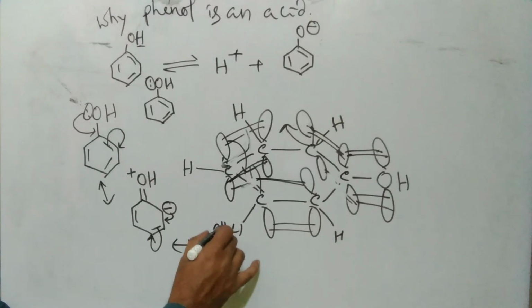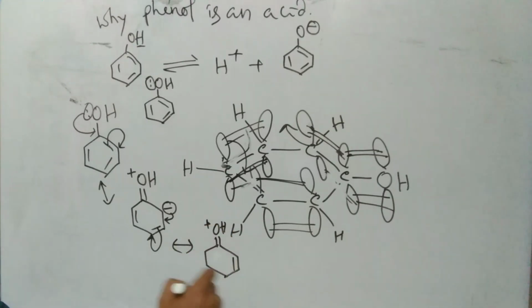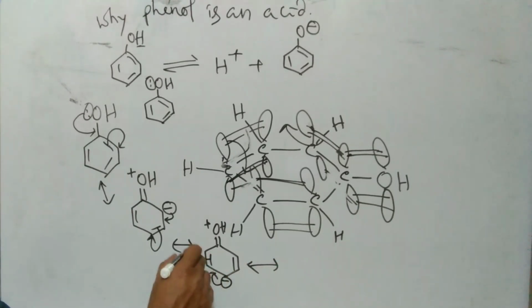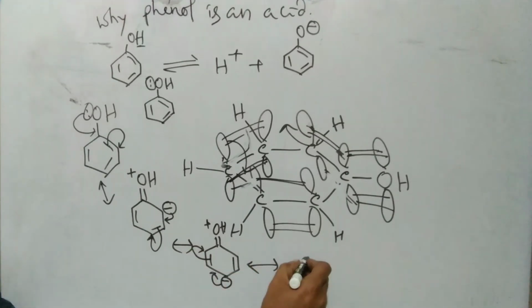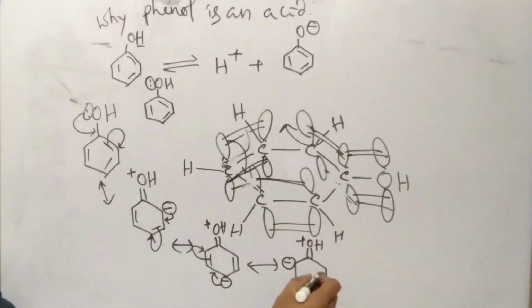double bond, OH plus, negative charge. One more resonating structure can also be formed where here is a double bond and a negative charge. So another resonating structure of phenol is this: OH plus, negative charge, double bond, double bond.